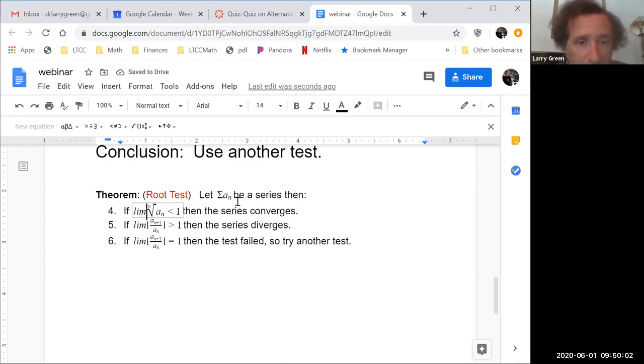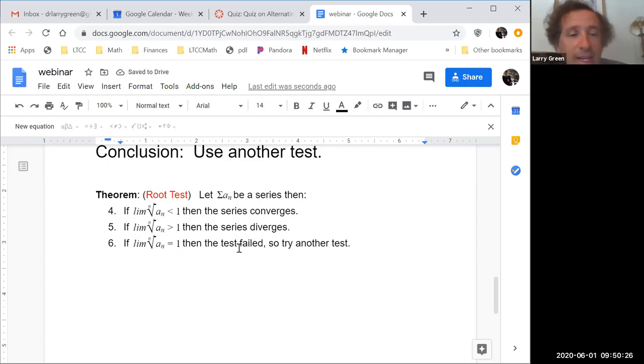And if the nth root of a sub n is greater than 1, the series diverges. And as you might guess, if the nth root of a sub n equals 1, then the test fails, so try another test. So you can see why they call it the root test, because what we're doing is we're taking the nth root of the a sub n, the nth term, and we're seeing whether it's less than 1, greater than 1, or equal to 1.